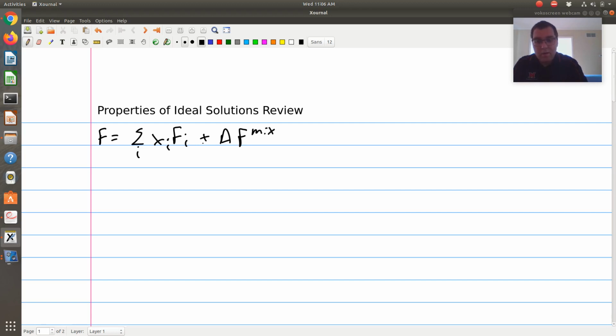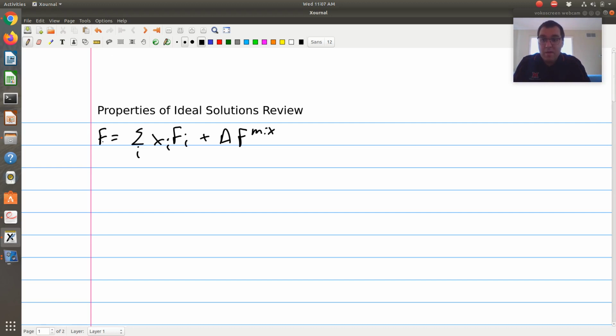And in case I forget to mention it, remember, when we talk about property changes upon mixing, if I think about mixing a beaker of pure component 1 with a beaker of pure component 2 to form a mixture of component 1 and 2, what I'm referring to is a beaker of pure component 1 at a given temperature and pressure mixed with a beaker of pure component 2 at the same temperature and pressure to form a mixture at the same temperature and pressure, right? So those pure beakers I'm mixing together and that final solution I form are all at the same temperature and pressure. So I'm mixing at constant T and P.